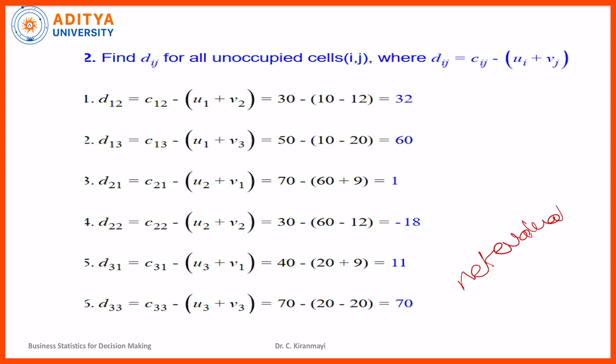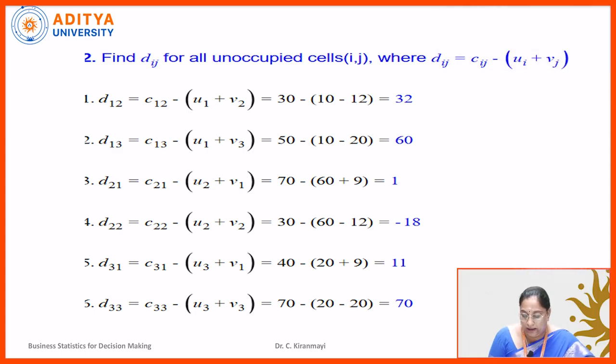If all the net evaluations are greater than or equal to 0, then we say this initial basic feasible solution is optimum. If at least one Dij is negative, then it is not considered an optimum solution, and we have to move to the next iteration.